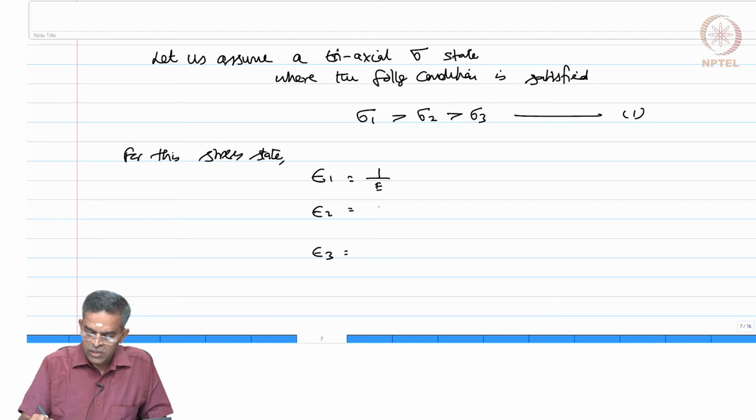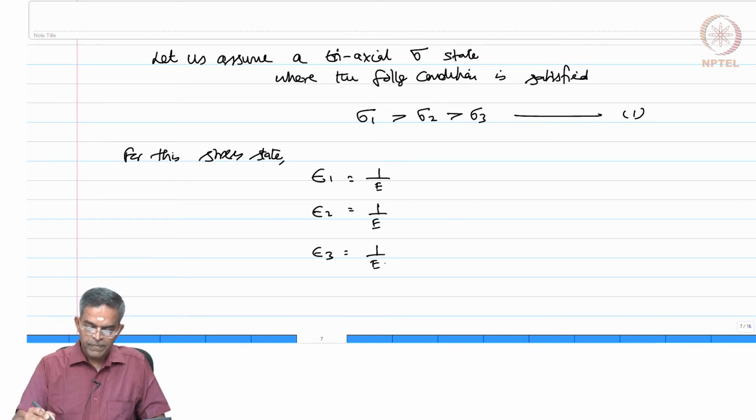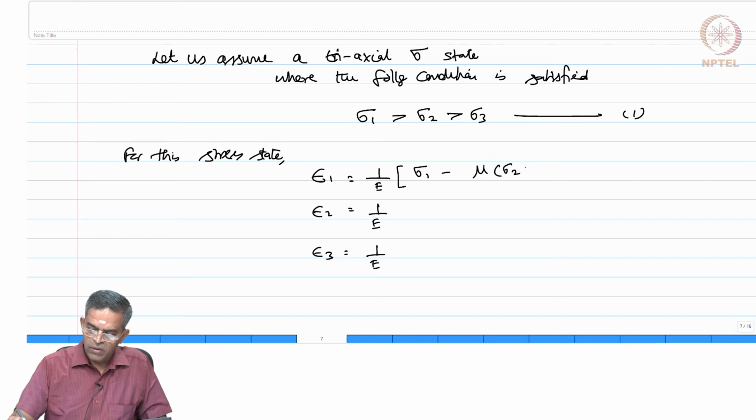When you talk about strain, it is stress by Young's modulus. So, sigma 1 minus Poisson's effect on the remaining two axes. So, when you talk about epsilon 2, it is sigma 2 minus Poisson's effect on the remaining two axes.